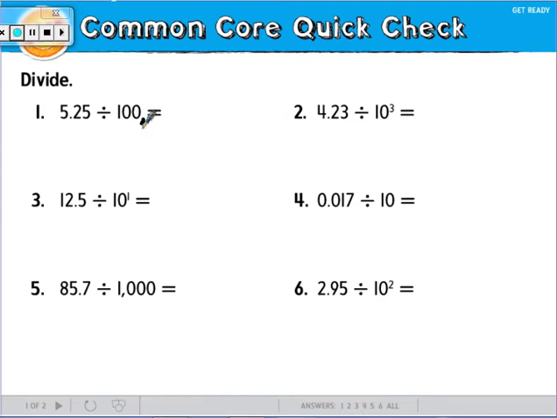If I count how many zeros there are, there's 1, 2, correct? So all I have to do is take the decimal and move it 2 places to the left. So my answer here will be 0 and 525 ten thousandths.